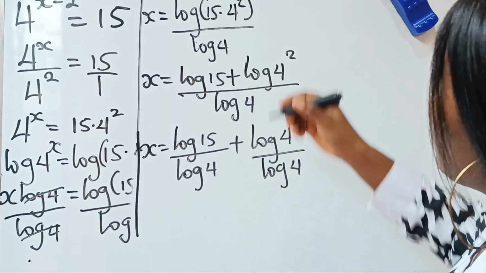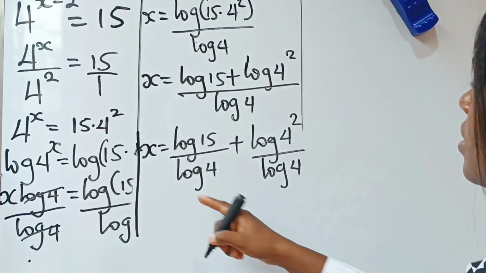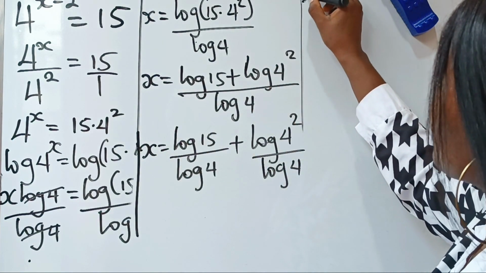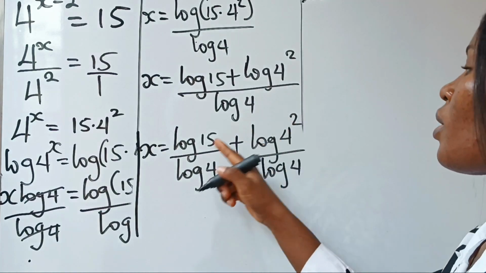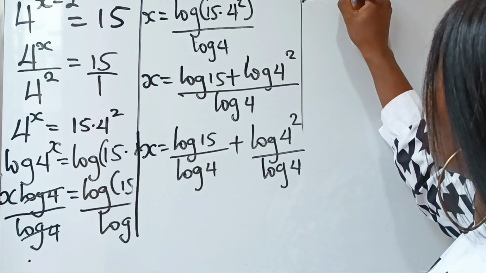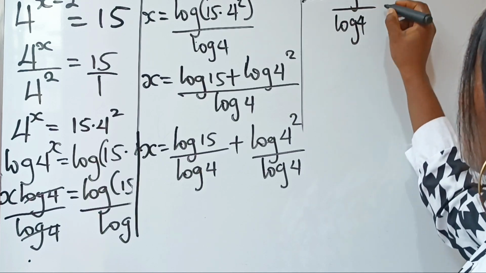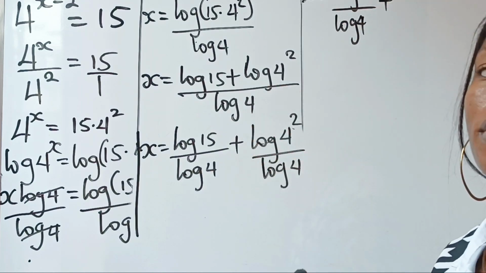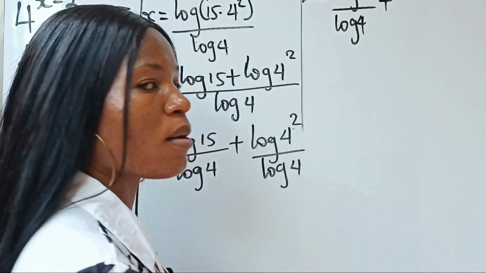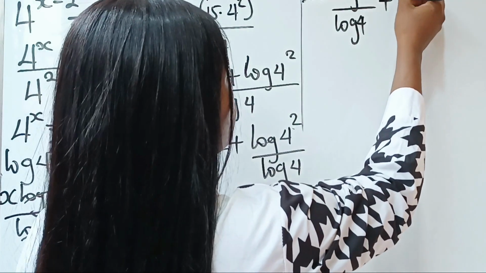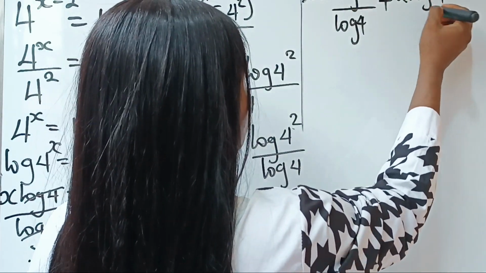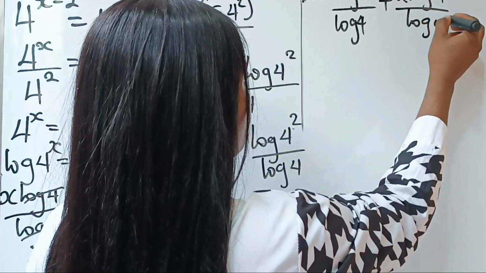We can write this as x is equal to log 15 divided by log 4 plus, this 2 is going to come down, and we are going to have 2 log 4 divided by log 4.